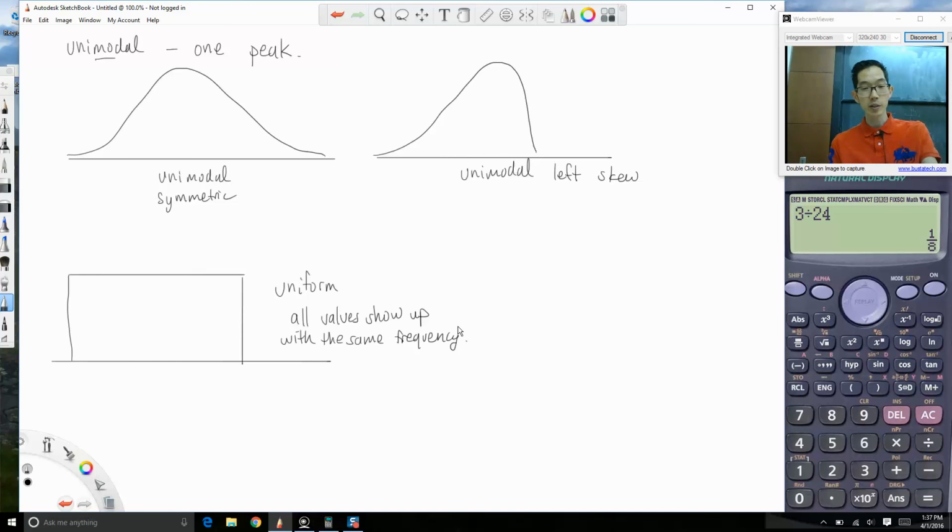And this would be something like, what is the last digit of your phone number? We would expect about the same number of people who have the number 4 as their last digit, as people who have the number 9 as their last digit, as people who have the number 1 as their last digit, okay? So we expect each of those digits or values to show up with about the same frequency there. So that'd be uniform.